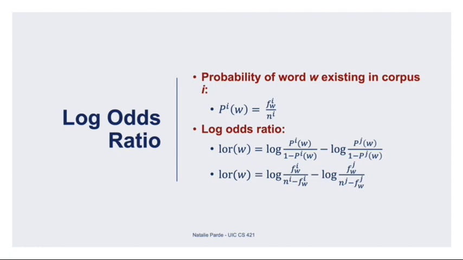We simplify the log odds ratio equation to what you see on the bottom here. In the equation for log odds ratio then, we're computing the ratio of encountering a word in corpus I versus corpus J, where perhaps I and J correspond to corpora of positive and negative words, respectively.